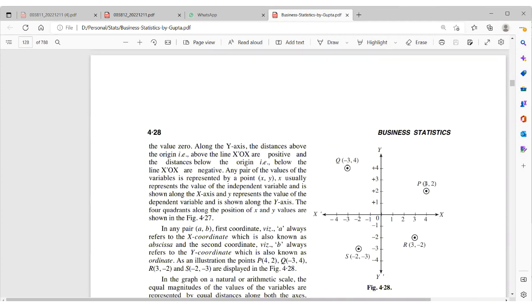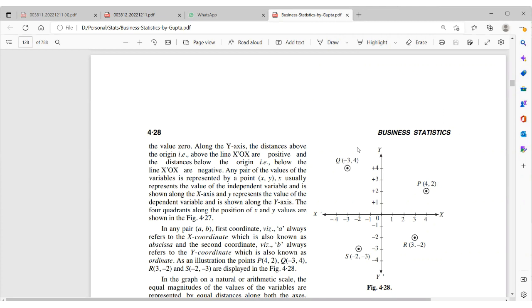For example, the point is (4, 2). So 4 is on the x-axis and 2 is on the y-axis. Here 2, here 4. The point comes to be here. Clear? Similarly, the point is (-3, 4). So here x is -3 and y is 4.